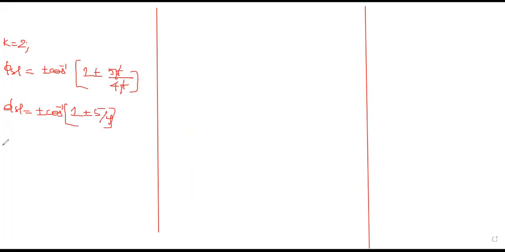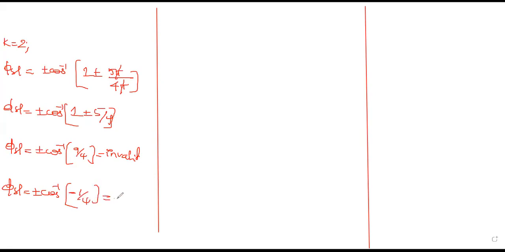So 1 plus 5 by 4, the first value you will get is cos inverse of 9 by 4. Again, the numerator is more, denominator is less. This value will be invalid. Consider the next value: phi SL is equal to plus or minus cos inverse of 4 minus 5 by 4, which you will get is minus 1 by 4. What is the value? 104.48 degree. Okay.